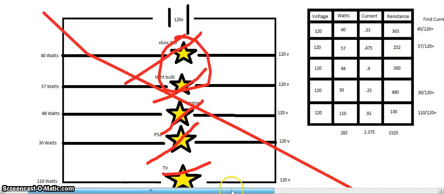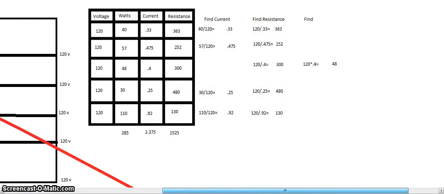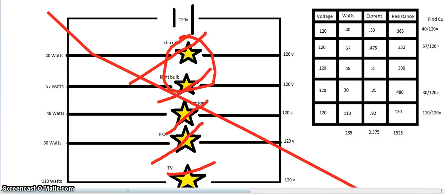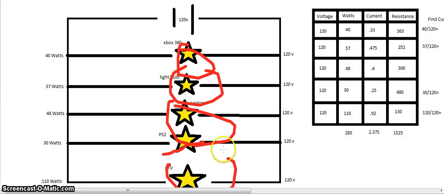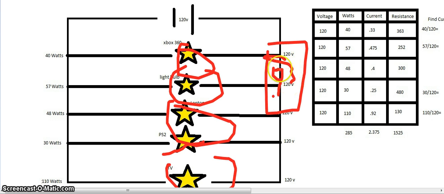That's why houses are in parallel instead of series. So you can lose one thing, but go on this, or that, or my cell phone. It doesn't look like it, but this is a cell phone. Okay, that's the reason.